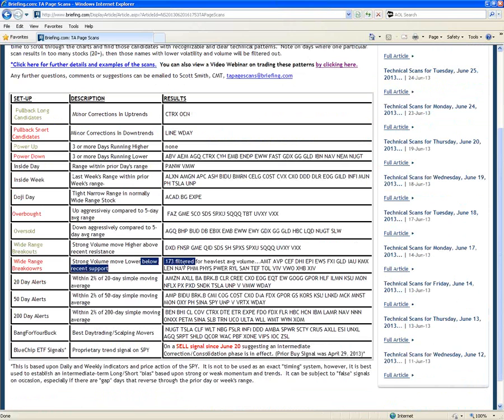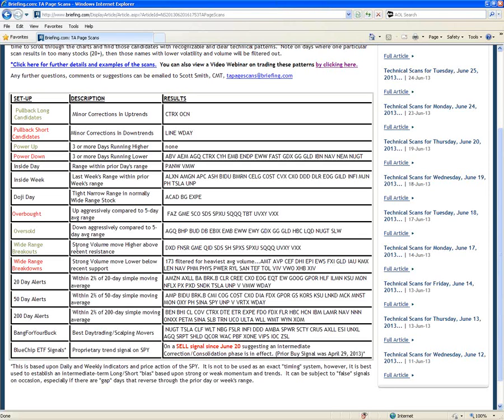Here you can see the wide range breakdowns going into last Friday was 173 stocks, which had a filter for the heaviest volume. But you had gold and a number of stocks, housing, XHB. I'm always trying to find those ETFs. That's going to give you a solid general sense of which sectors are getting completely destroyed.